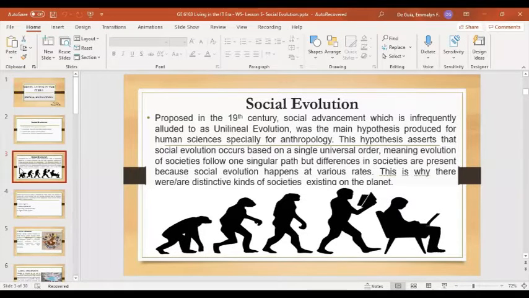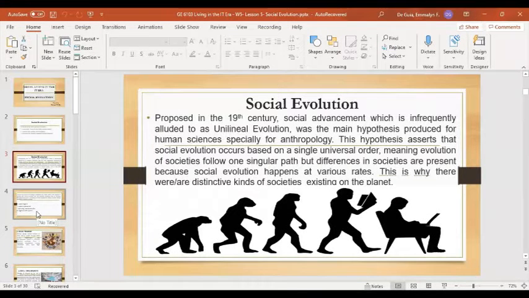Proposed in the 19th century, social advancement, which is infrequently alluded to as unilineal evolution, was the main hypothesis produced for human sciences, especially for anthropology. When you say unilineal, it's tracing descent through one line only, so through a common track only. This hypothesis asserts that social evolution occurs based on a single universal order or a common order.